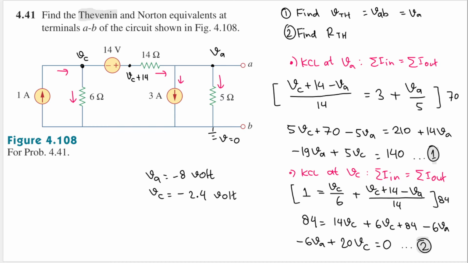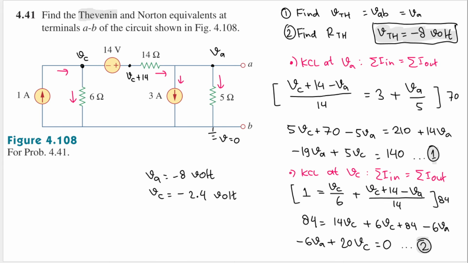But then remember that VTH is equal to VA. Therefore, our VTH is equal to minus 8 volt. Let's put this into a box because this is a very important value, the one that we need to find out. Okay, and the next step is just to find out the Thevenin resistance.